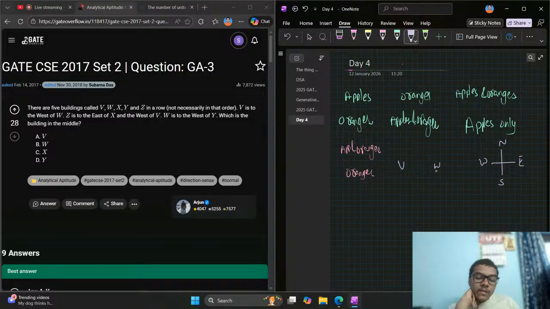Z is to be east of X. Okay, in a row, right? In a row. Okay. W is to be west of Y. W is to be west of Y. It can be anywhere.